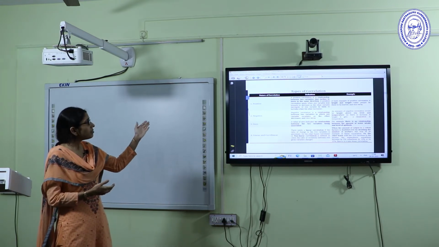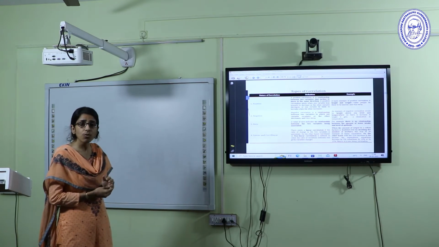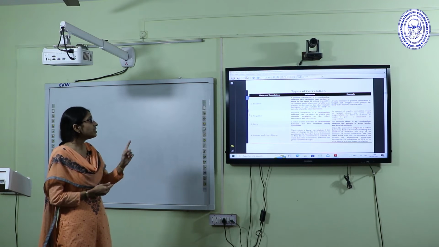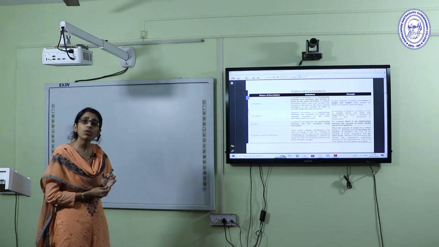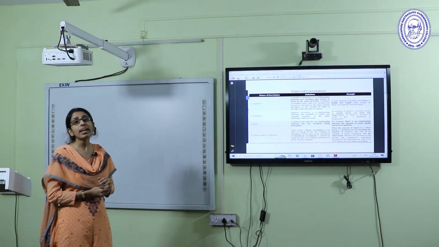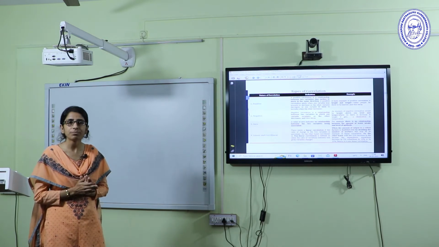These are the chief types: positive correlation, negative correlation, zero correlation or no correlation, linear correlation, and non-linear or curvilinear correlation.